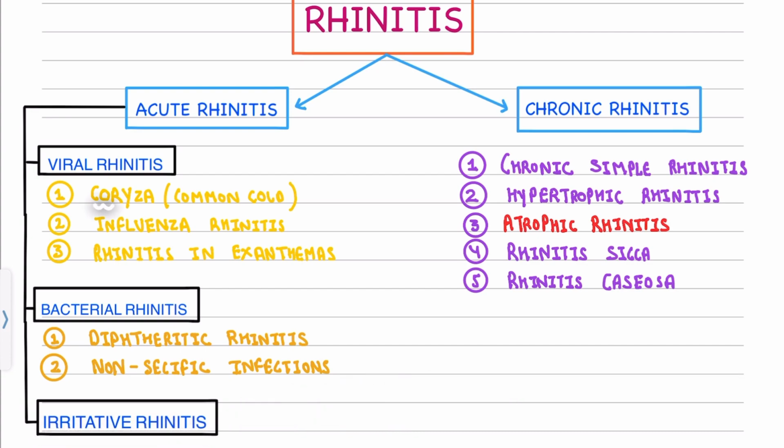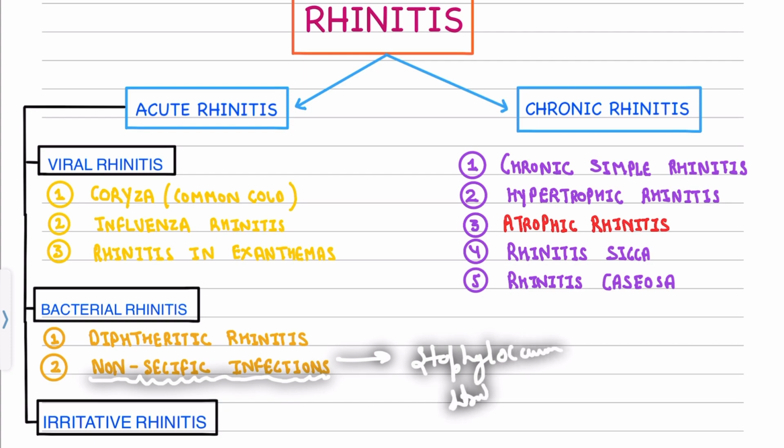We have coryza, the common cold, influenza rhinitis, and rhinitis in exanthemas infections. In bacterial rhinitis, we have diphtheritic rhinitis caused by infection with Corynebacterium diphtheriae. Then we have non-specific infection occurring due to organisms like Staphylococcus, Streptococcus and Haemophilus bacteria.